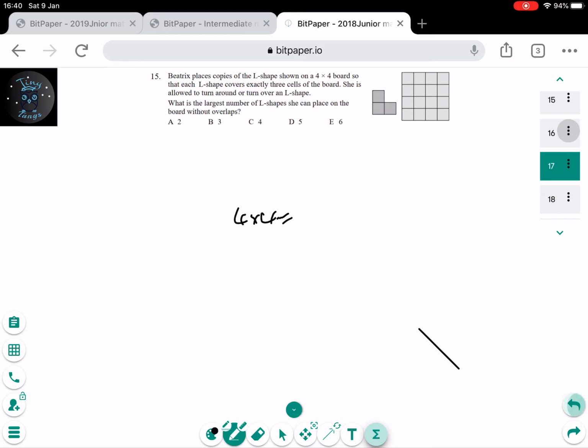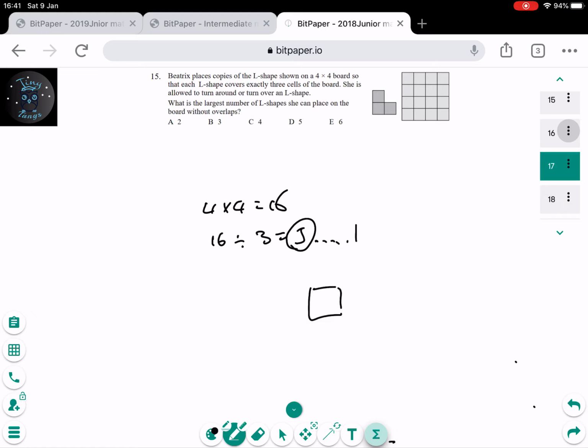So there are 16 grids in this shape, and 16 divided by 3 equals 5 and 1 left. So the most possible is 5 according to calculating, but you have to try it out because sometimes, for example, let me give you an example.